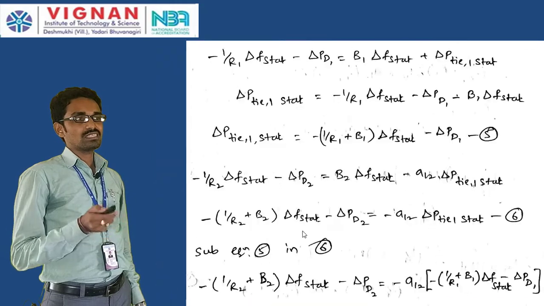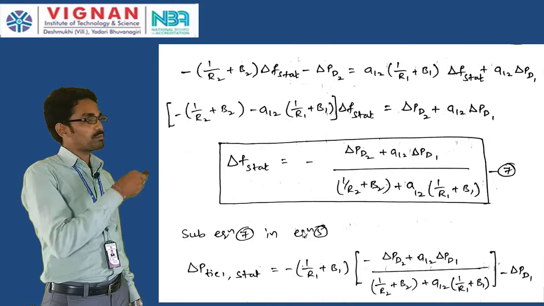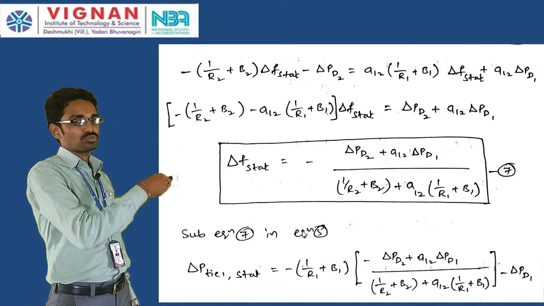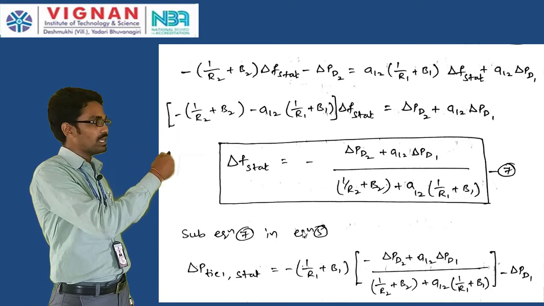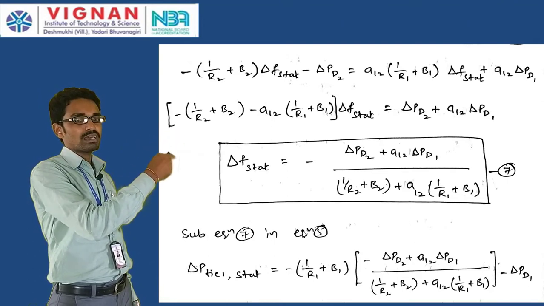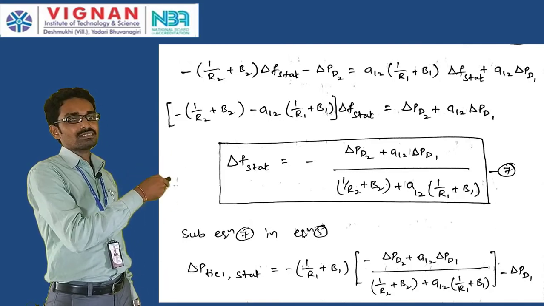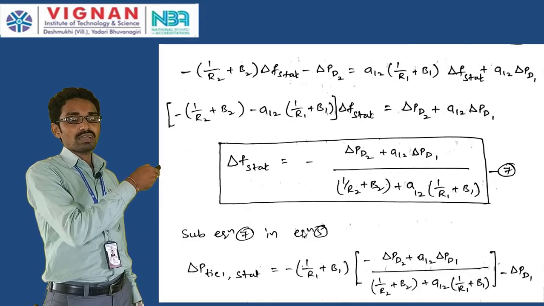If I substitute equation 7 in equation 5, you get delta PT1 static equal to minus 1 by R1 plus B1 into minus delta PD2 plus A12 into delta PD1, divided by 1 by R2 plus B2 plus A12 into 1 by R1 plus B1, minus delta PD1, because in equation 5 you have minus delta PD1.